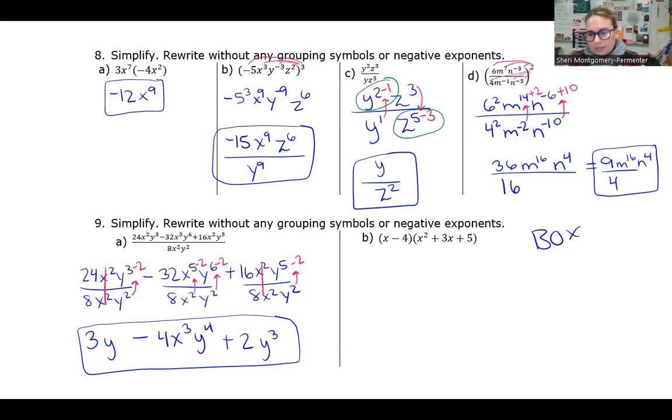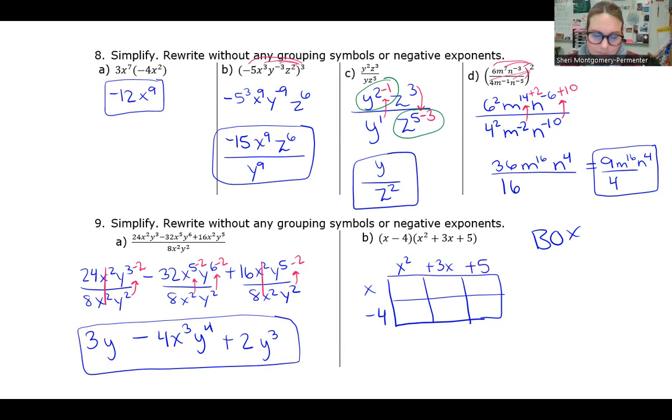So what it means is that I'm going to have 2 terms on the side and 3 along the top. So I'm going to put x and then minus 4, x squared plus 3x plus 5. And I'm just going to multiply each one of these things in.